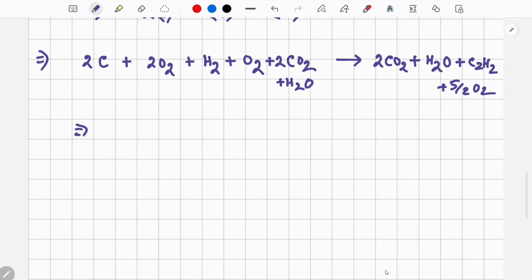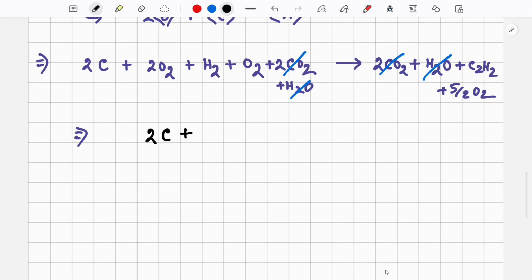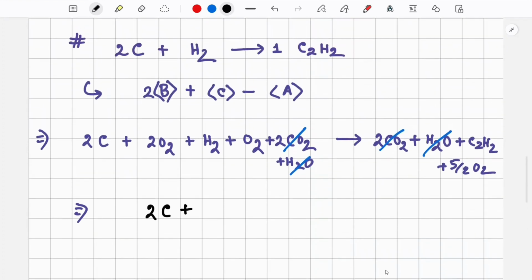Therefore, you see this cancels, this cancels, right? So you can finally write from here 2C, how many O2? 3 O2, and here it is 5 by 2. Half O2. Now O2 should not be there, so there is some mistake.